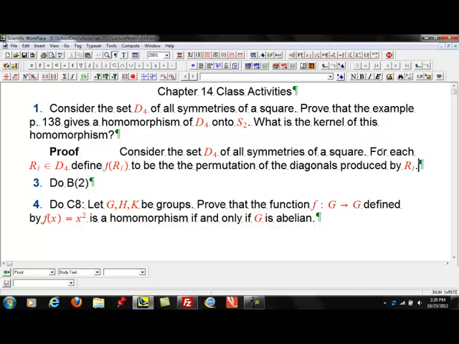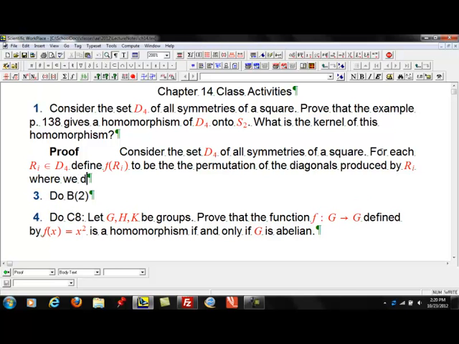So it says define f of Ri to be the permutation of the diagonals produced by Ri. What is it doing? Is it taking diagonal 1 to diagonal 2, or is it leaving them the same? Let's define the permutations of the diagonals, and they give this in the book.